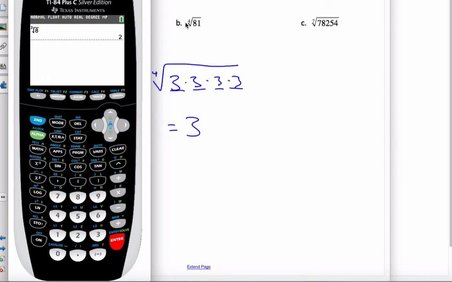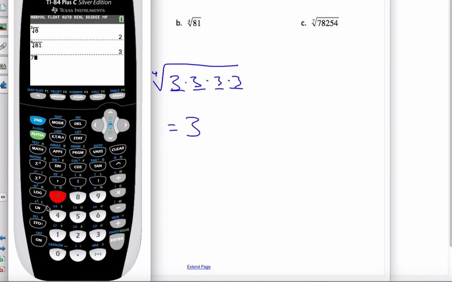Moving along to the next problem. If I want the 4th root, well, this one's a little bit trickier. I'm going to start with 4, type math, and then number 5 here, that little x there, the 4 I just typed in will represent the x. And it magically put it up there, 81, indeed gives me 3. So the final one now is the 7th root. What number times itself 7 times provides this?